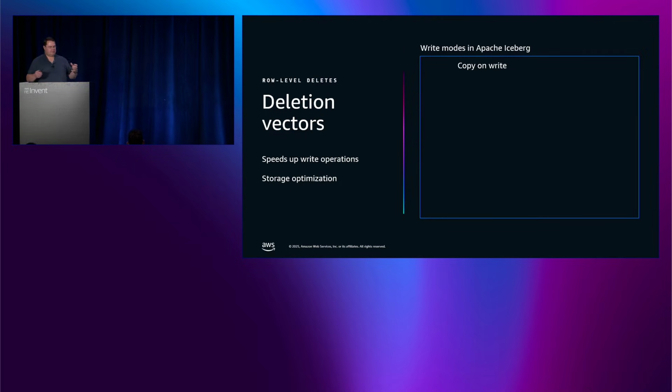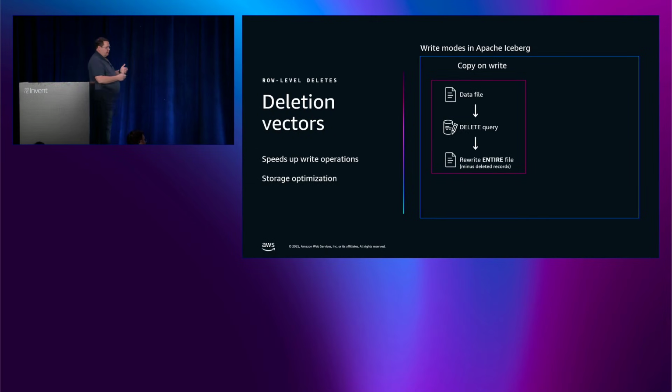So how do the write modes inside of Iceberg work? You have the default option of copy on write. That's been there since day 1 of Iceberg. In that model, you have a data file, you run a delete query against it, and then you rewrite a new data file with whatever was deleted removed.